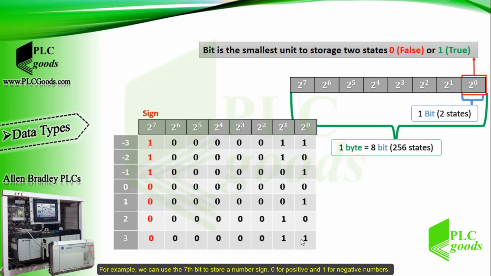For example, we can use the 7th bit to store a number sign, 0 for positive and 1 for negative numbers. So, based on the new table and rule, I can store negative numbers as well. These numbers can represent an electrical signal value or some industrial parameters such as a motor speed or water level.